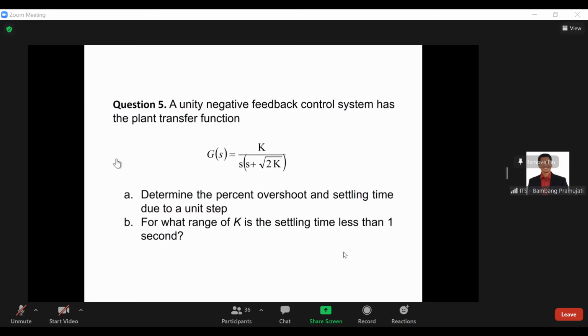Silakan coba di soal yang kedua ini, ditulis dulu aja. Nanti kita diskusikan bareng.